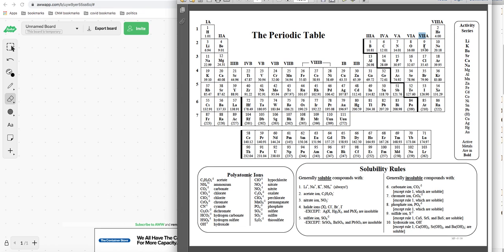So this means that fluorine has 7 valence electrons. And all the ones that you're going to be given are going to be over here, plus hydrogen. You're not going to ever be given any of these transition metals, or these for that matter. So you don't need to worry about the ones with the B.